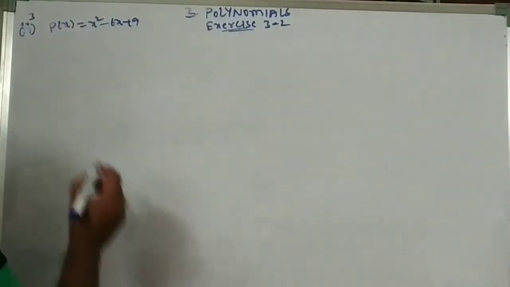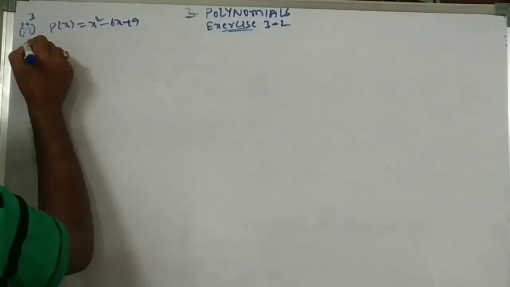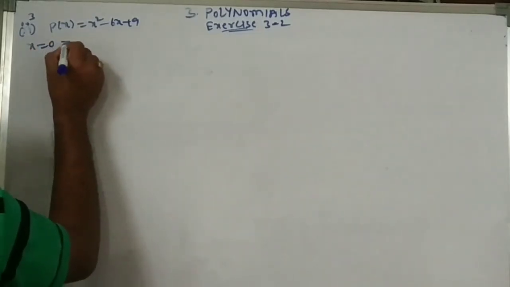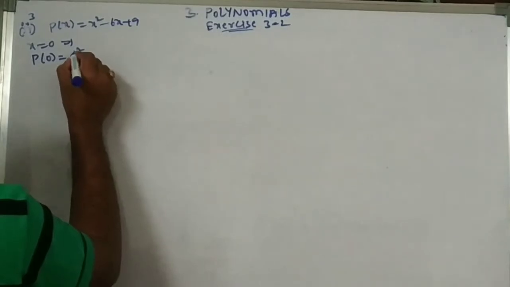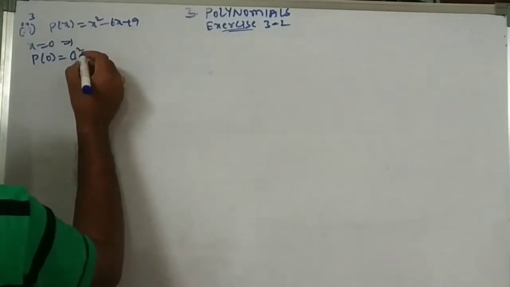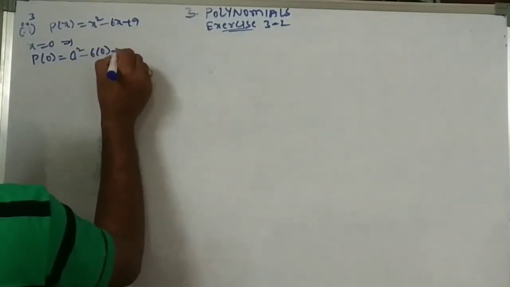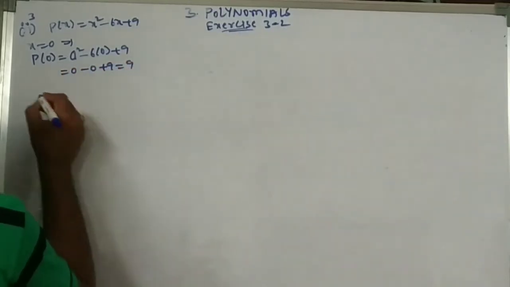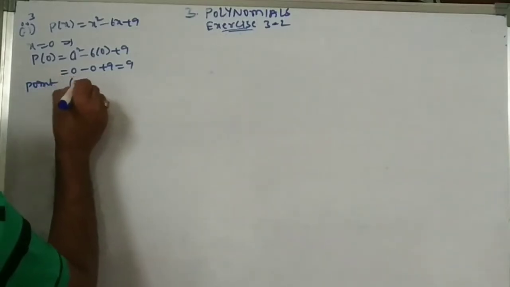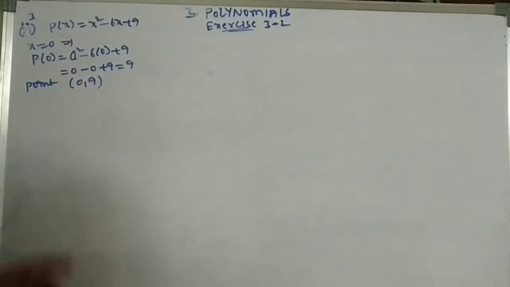So first I am taking x equal to 0. P of 0 equal to 0 square minus 6 into 0 plus 9. So 0 minus 0 plus 9 equal to 9. So 0 comma 9 is the point.